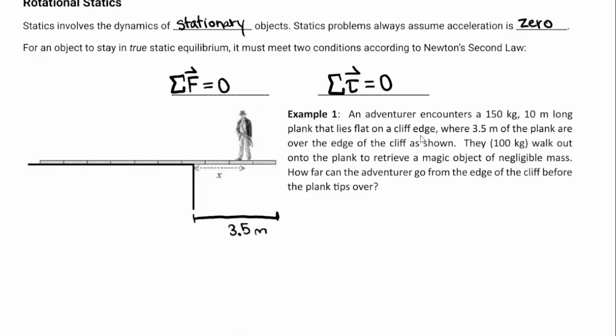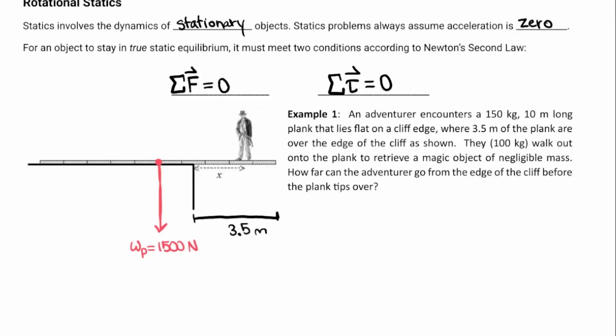Since this plank looks pretty uniform and there's nothing telling us otherwise, we can assume that this plank's weight can be centralized to the center down here. So with the plank being 150 kilograms, if we multiply that by 10, or 9.8 to roughly get its weight, the weight of the plank, which I'll call WP, is going to be about 1500 newtons.